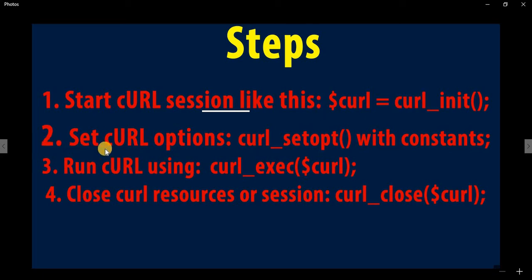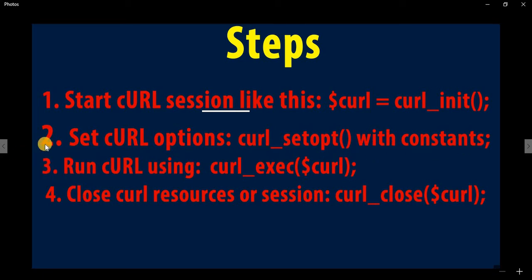And then on the next line, we say set CURL options. What that means is that this is a function we've already dealt with before, and this is really where we set the constants or the configurations for whatever we want to do. Okay, so with this curl_setopt, we set configurations right here.